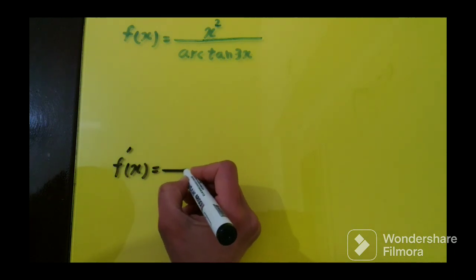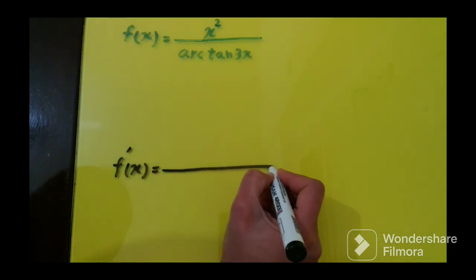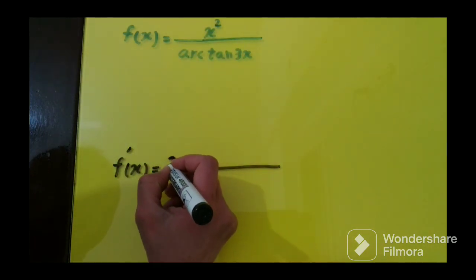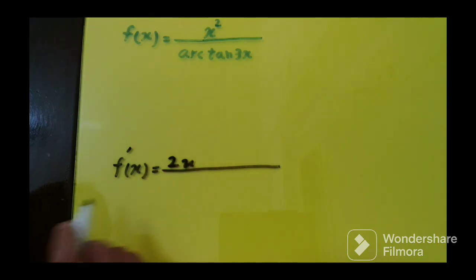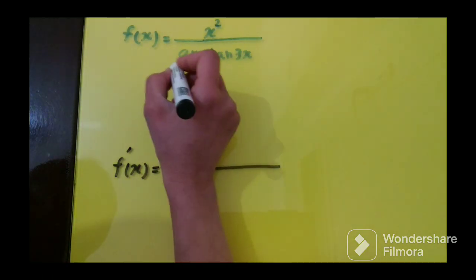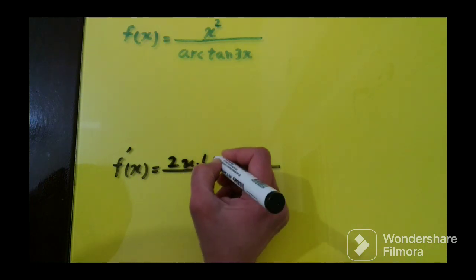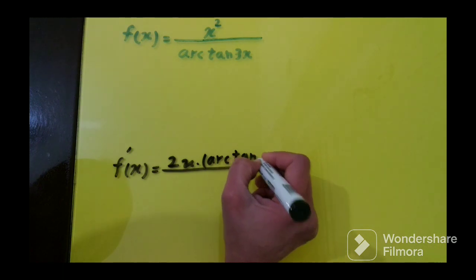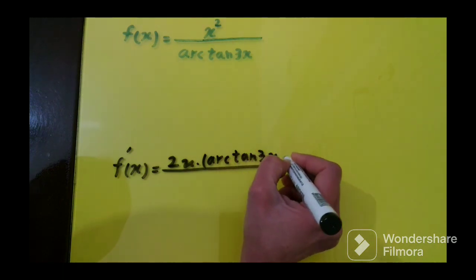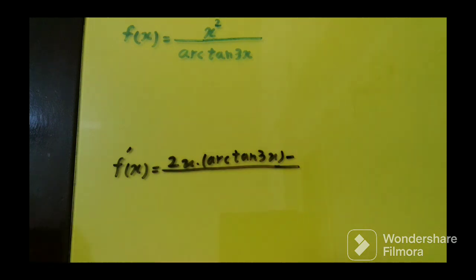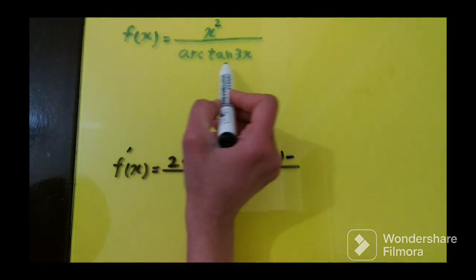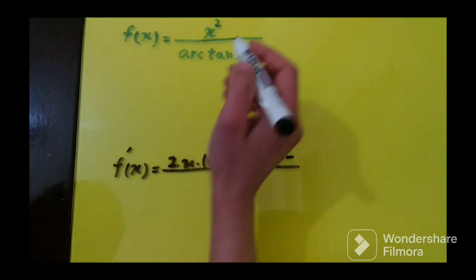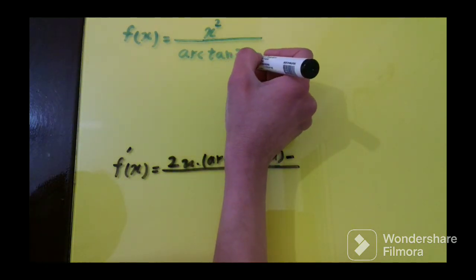It's 2x times this term, arc tangent 3x. Now you should get the derivative of this term. For getting the derivative of this term, first you should get the derivative of u.